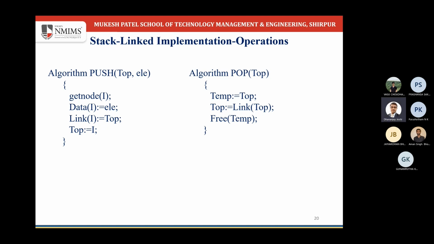In case of deletion from the beginning, we only need to change the top variable or start variable, which is storing the address of the first node. We only need to store the address of the second node in it. Where will we get that? From the link field of the first node. Actually, we are supposed to write top equal to link of top.